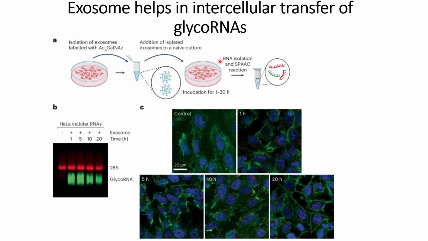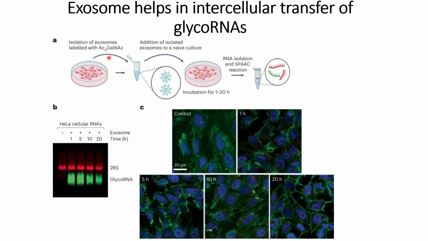And in this case, how did they make sure that these glycoRNAs are formed in the exosomes? For that they used this Ac4GalNAz, and they checked its results in our previous videos, where they showed experimental results confirming that when the cells are treated with Ac4GalNAz, the exosomes secreted by those cells will contain glycoRNAs.